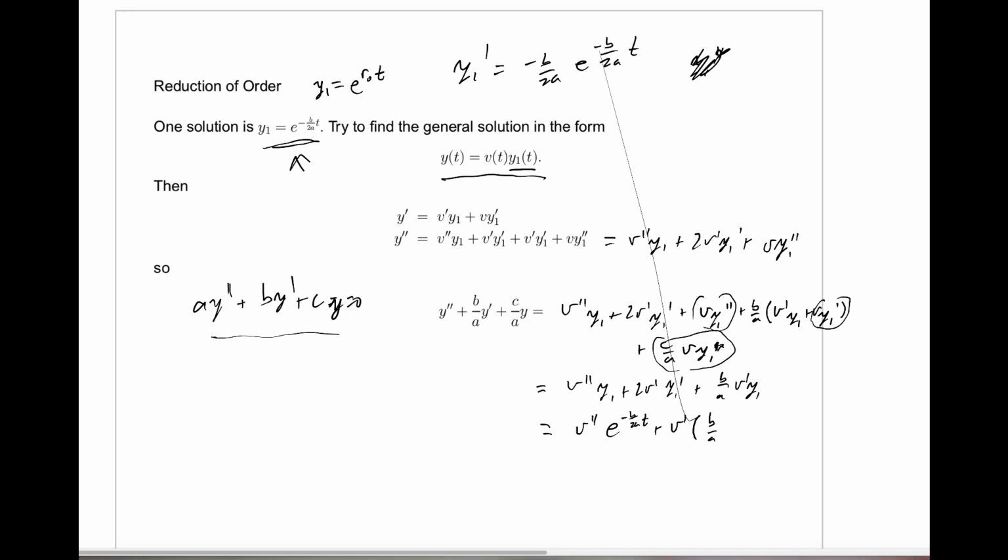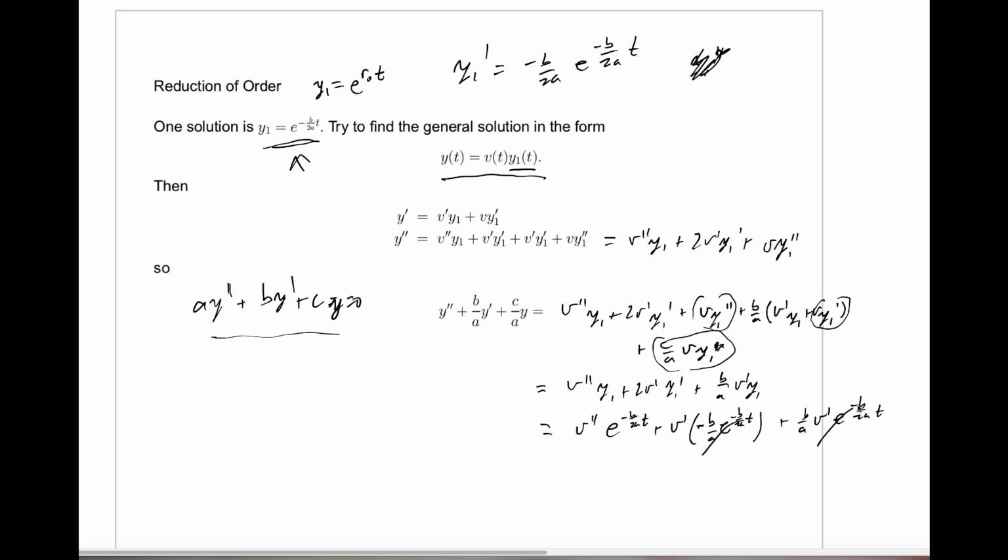b over a, oops, let me fix this. It's going to be minus b over a times e to the minus b over 2a times t, plus I have b over a times v' times y1, which is e to the minus b over 2a times t.